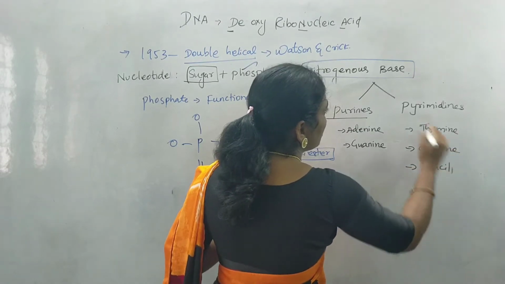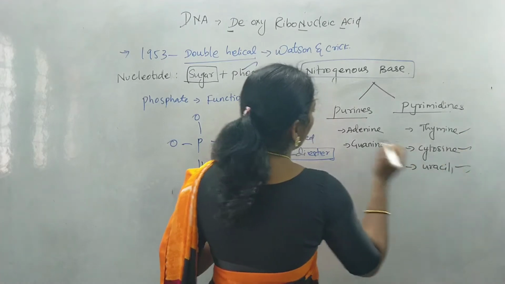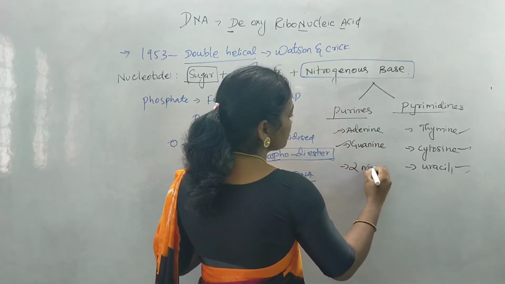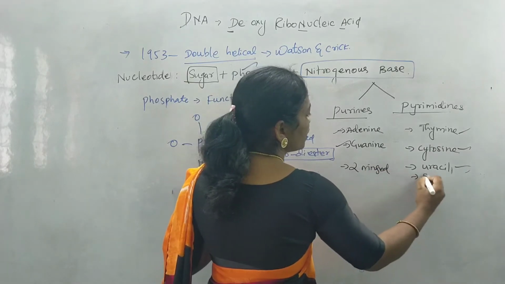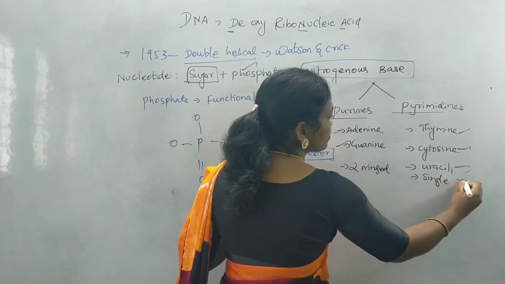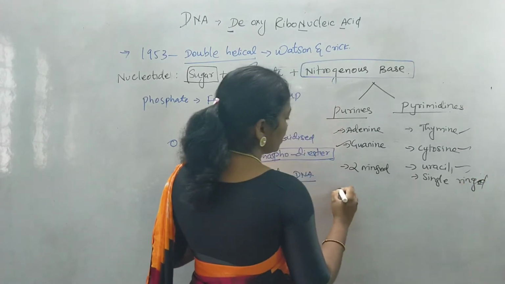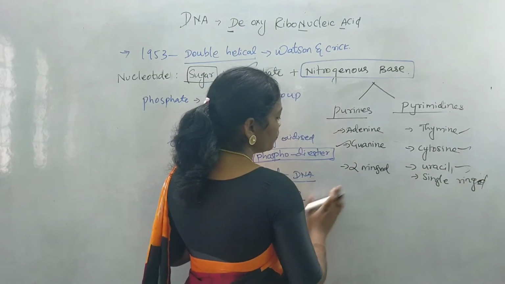So the pyrimidines are 3 in number and purines are 2 in number. The purines are 2-ringed structures and pyrimidines have single-ring structures.